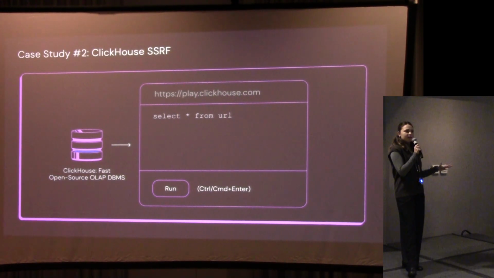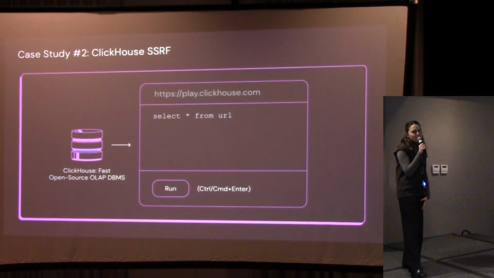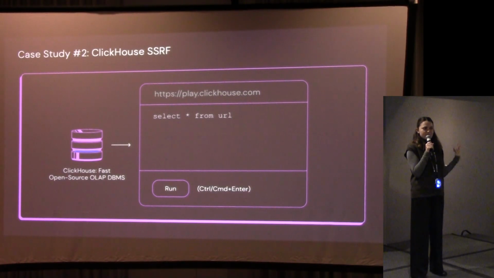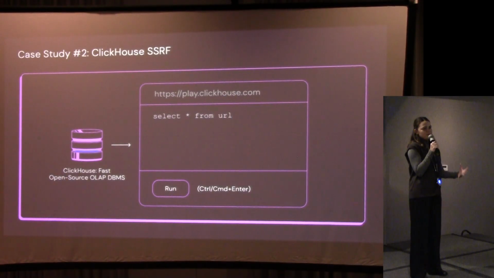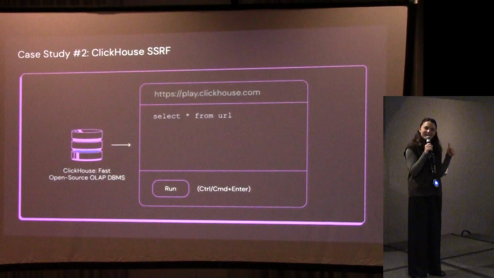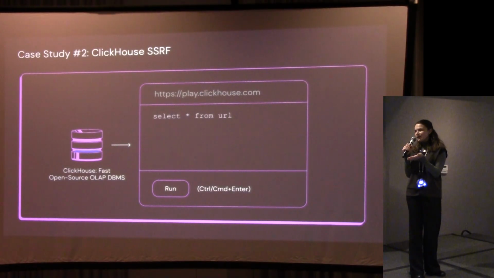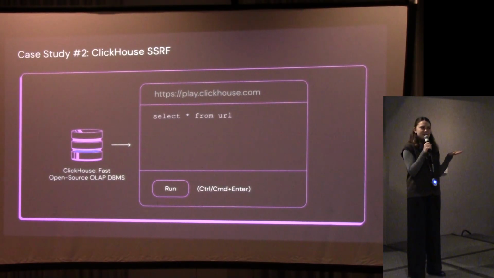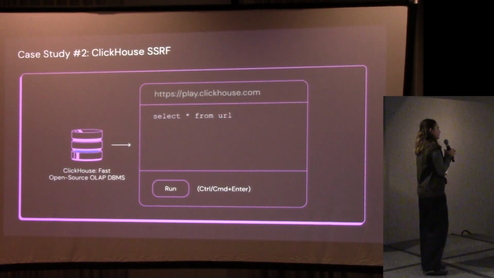After some digging in ClickHouse's features, we found one that's very powerful and very relevant here. It allows users to pull the content of a remote URL into a table. And it's a great feature for analytics, but from an attacker's perspective, it's also an SSRF primitive, especially in the hands of an untrusted user or used in multi-tenant systems.